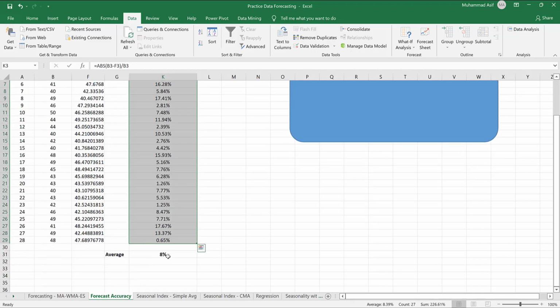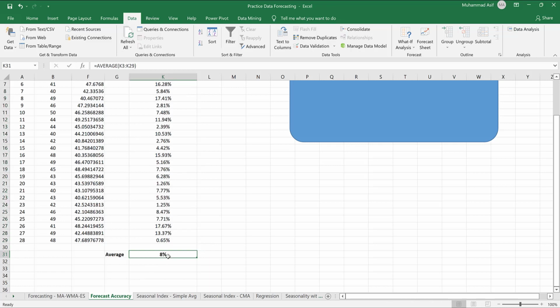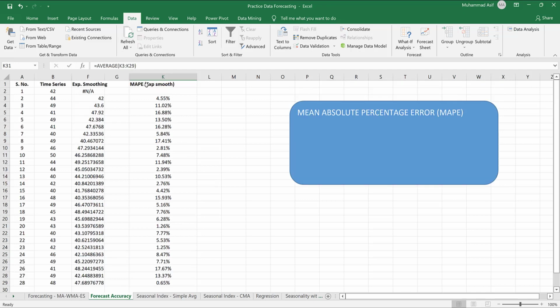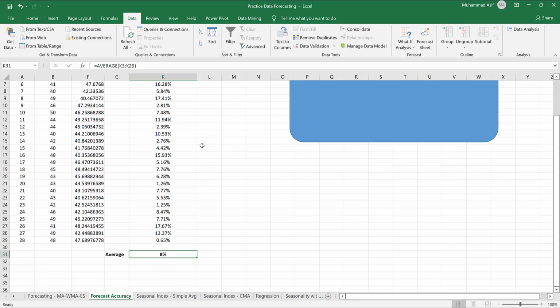And when we take its average, average will turn out to be about 8%. And we will repeat the same process with 3-period moving average, 5-period moving average, and weighted moving average, and then we will see whichever gives lowest error. The one that gives low error, that will be technique of our choice.